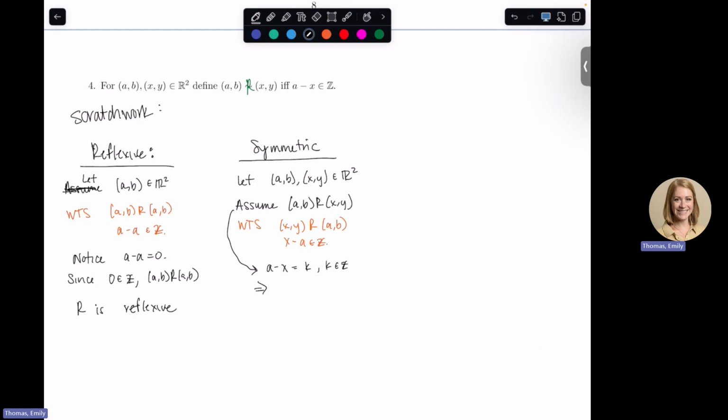It is negative K. What follows from this statement that would be helpful for us? That X minus A is negative K, yeah.